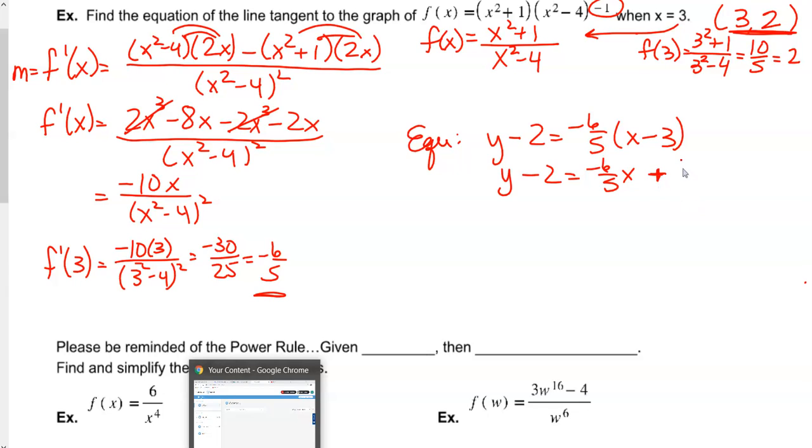So that ends up with an 18/5. That when I add 2 to that, well, the equivalent would be 10/5 when I get a common denominator. So my final answer would be negative 6/5 x plus a 28/5. Now, if you're unsure on those fractions, please make sure you make use of your scientific calculator so that you can do that. Okay? All right, very good.